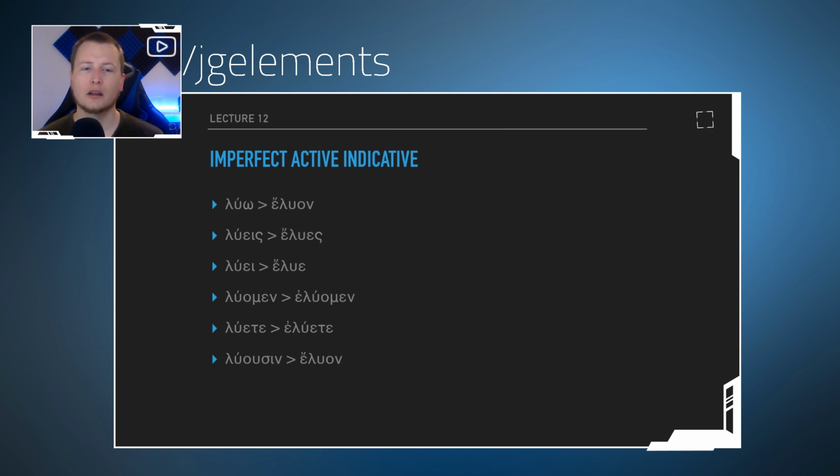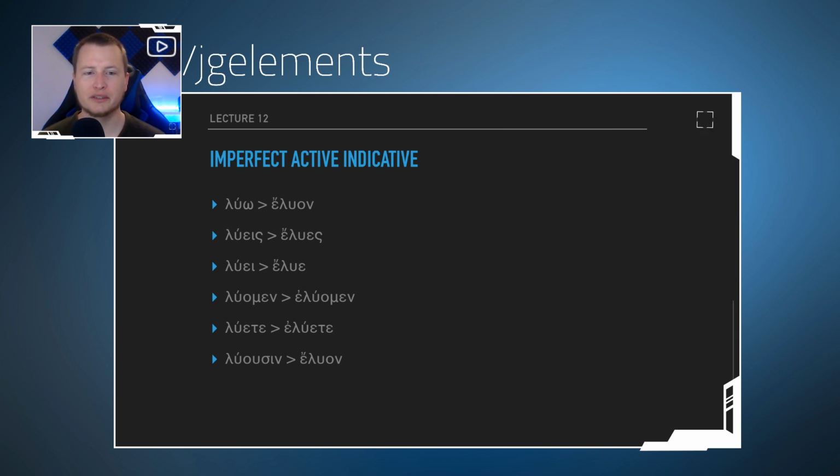On the primary or the secondary endings, the same present tense stem is there, and the same connecting vowel rules apply. So those don't change. Okay? But what has changed is the augment and the secondary endings.